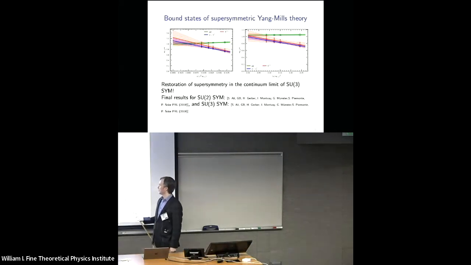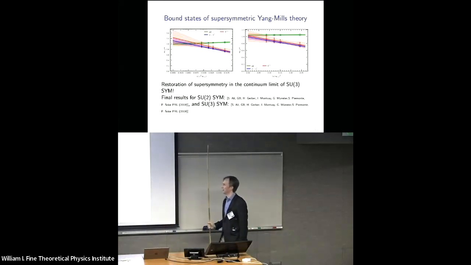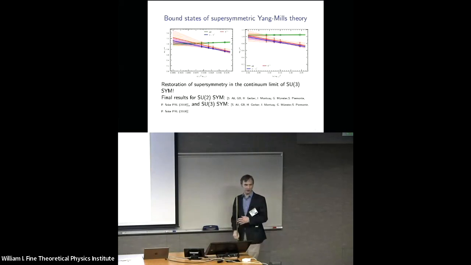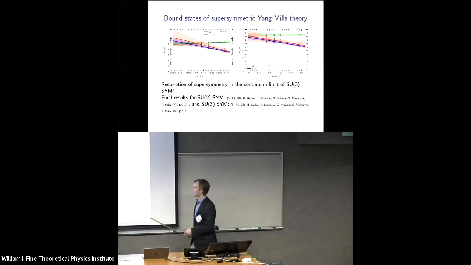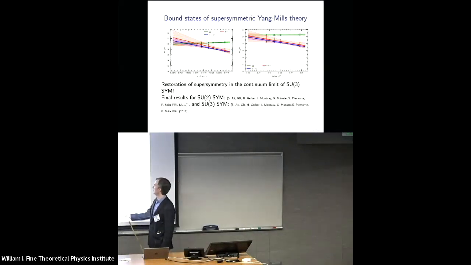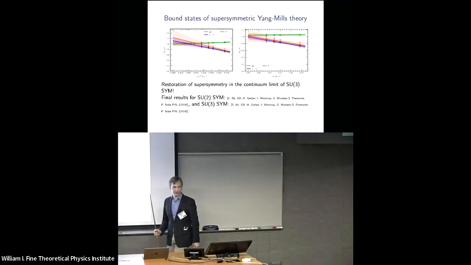You can see that in both cases, within errors, you get a coincidence of these constituents of this chiral multiplet. So basically here you see the lattice spacing in some units, and as you approach the continuum limit, you recover this multiplet structure.